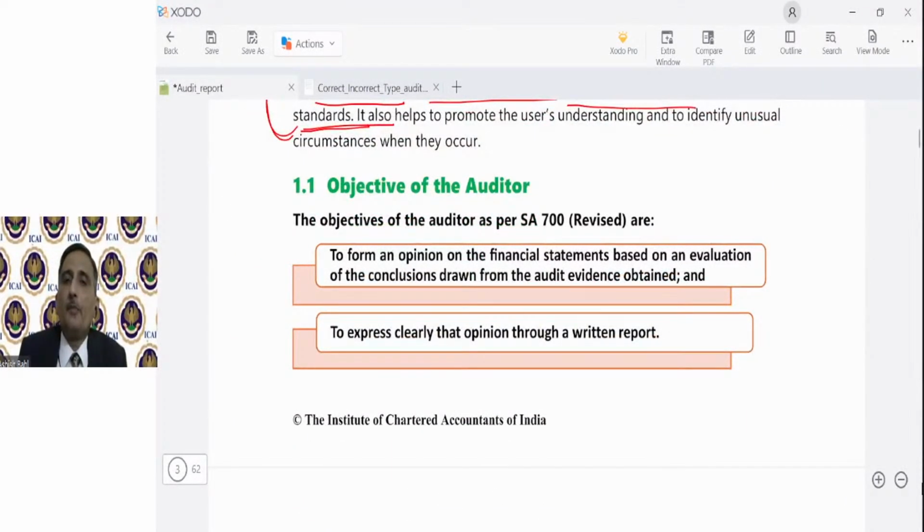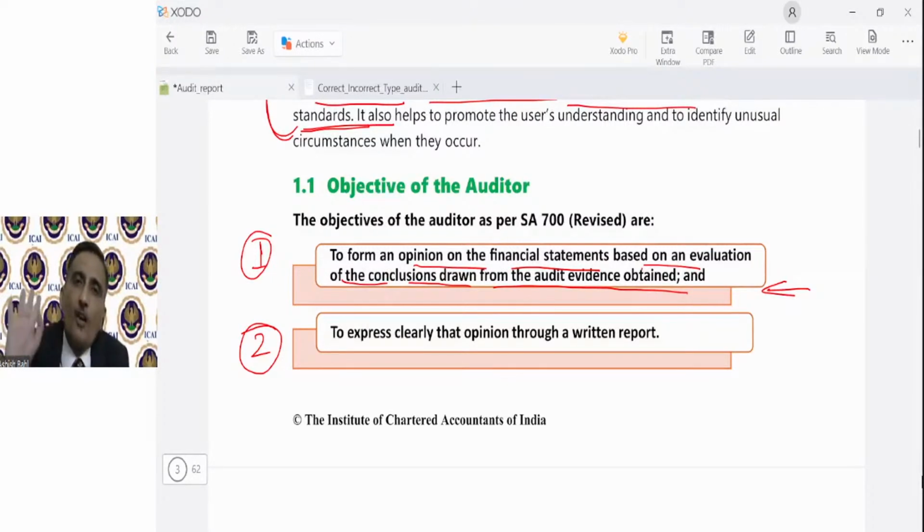So what are the objectives of the auditor as per SA 700? These are the objectives: to form an opinion on the financial statements based on an evaluation of the conclusions drawn from the audit evidence obtained. Now, guys, the auditor has performed the audit procedures.